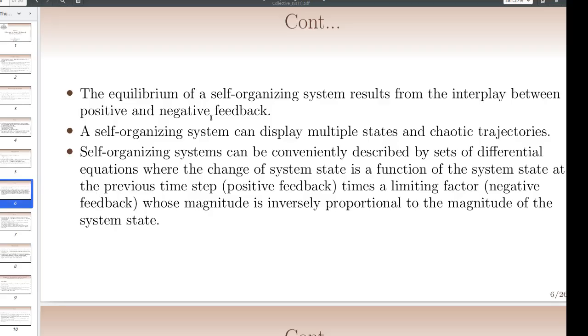Self-organizing systems can be described as a set of differential equations where the change of a system state is a function of the system state at the previous time step. It is taken as the positive feedback times a limiting factor. That limiting factor is a negative feedback. The magnitude of this limiting factor is inversely proportional to the magnitude of the system state.